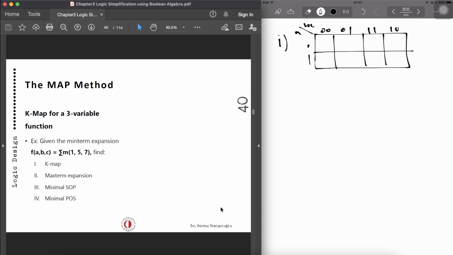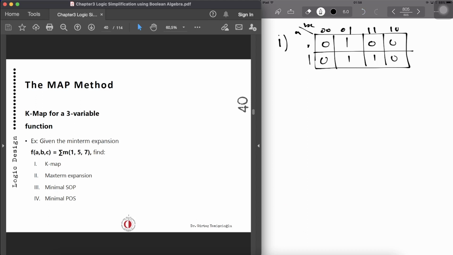And 1, 5, 7, those are the squares. 1 is here, 5 and 7. And the rest are just zeros.